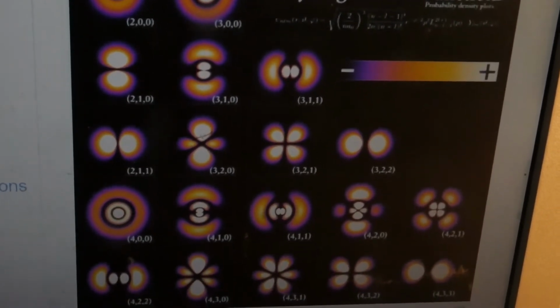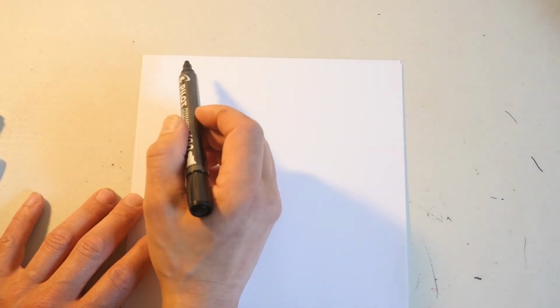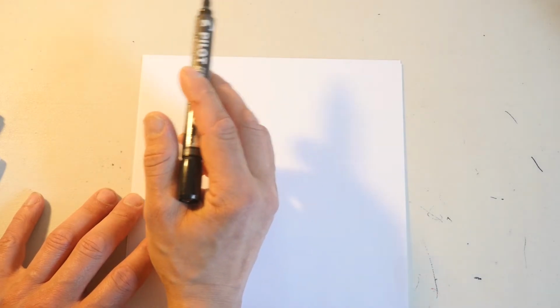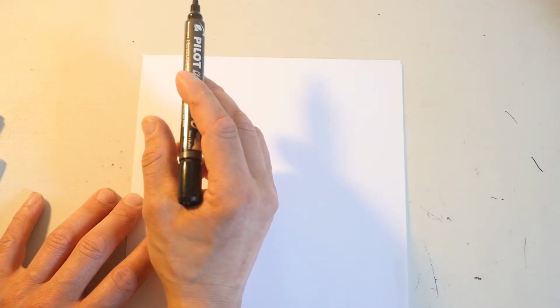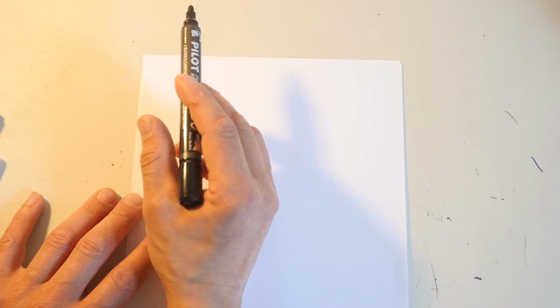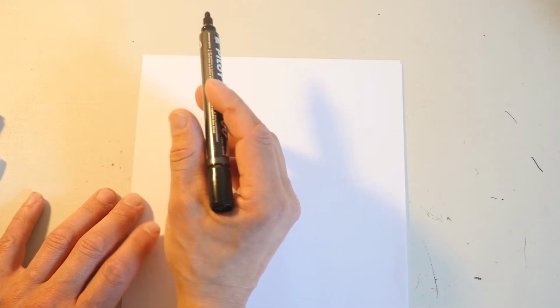The dumbbell P and D orbitals give you an idea of what they look like. These images of dumbbells and spherical S orbitals are created using math models.